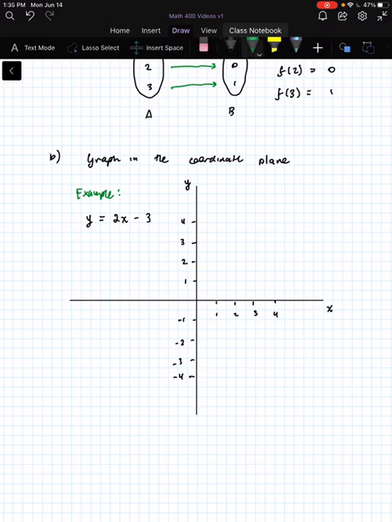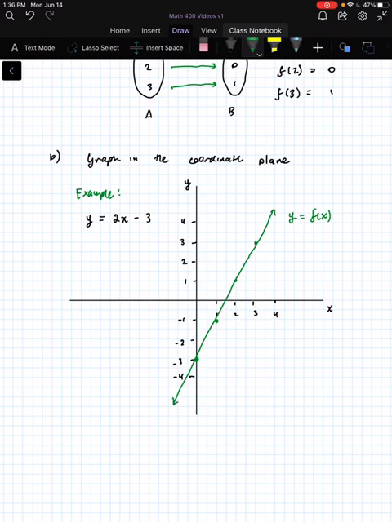So, for instance, we know that the point 0, -3 is a point on that line, as well as 1, -1, and 2, 1, and so on and so forth. So this is an example of being able to graph a linear equation, but then this graph represents this function as a set in the coordinate plane.